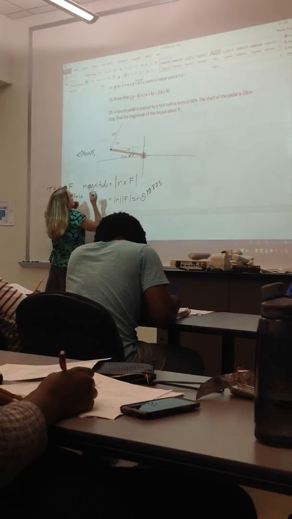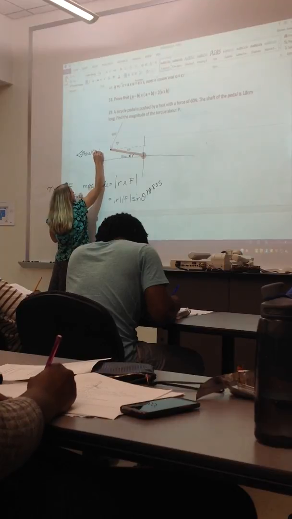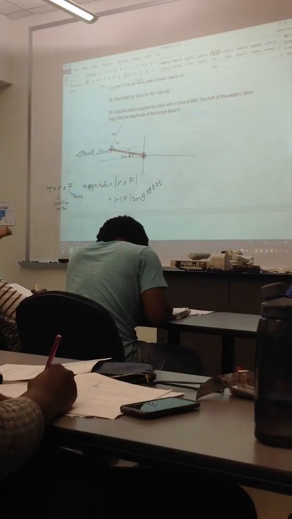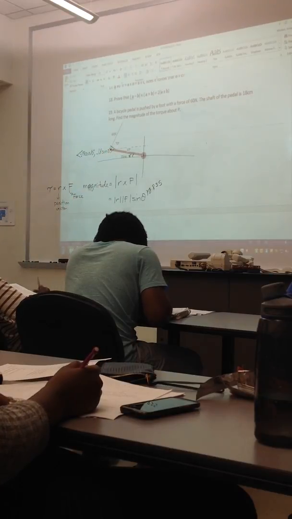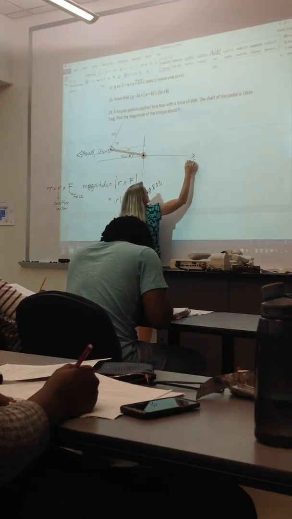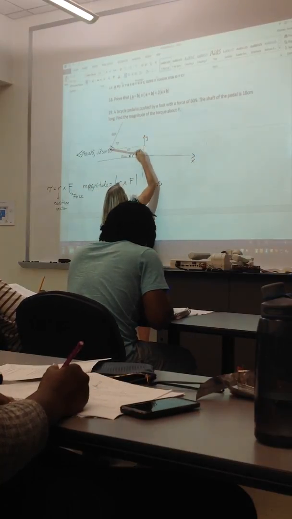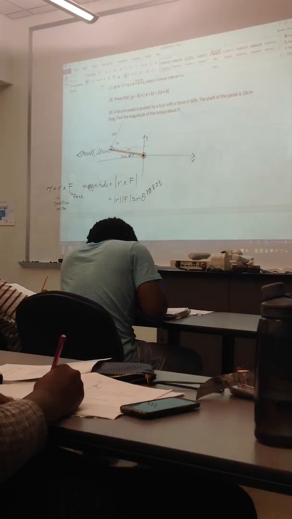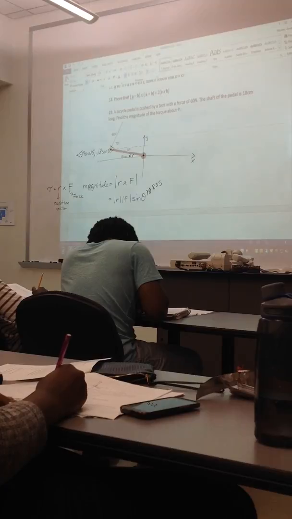So then my Y is 0.18 sine of 10 degrees, if I'm treating this point as my origin. And Z would be coming out at us, the way we have it.